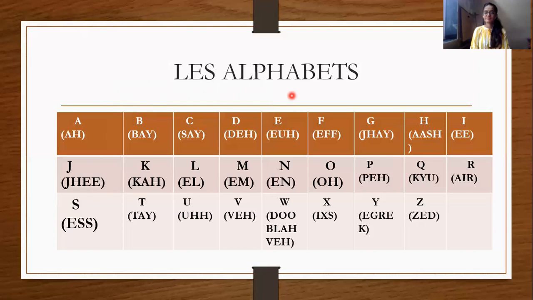All right, ma'am. Can you please tell us after how many levels a student can be eligible for any kind of job in the corporate sector or as a trainer? As we all know, there are 6 levels in French: A1, A2, B1, B2, C1 and C2. A1 and A2 are the basic levels.